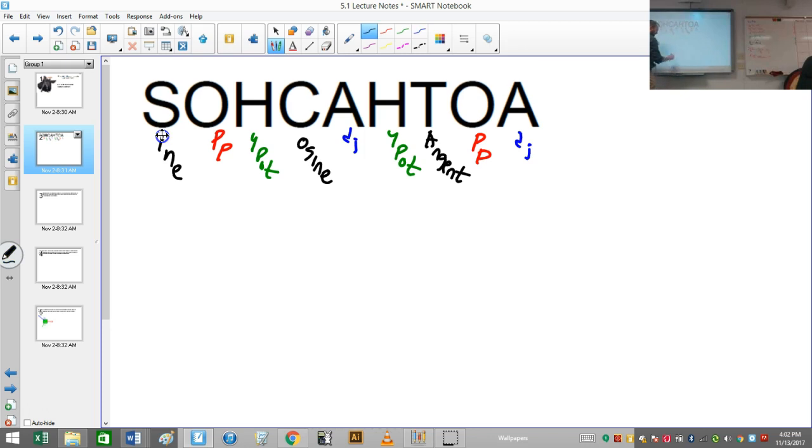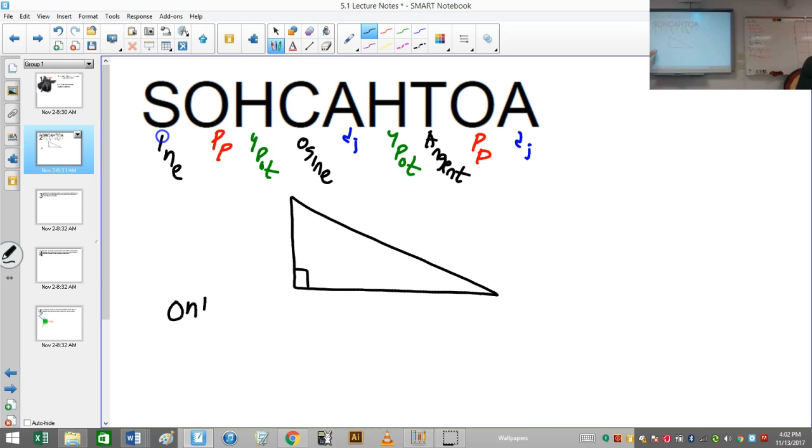So when you've got a right triangle, and this only works, my friends, in right triangles, if you've got an angle here, the opposite is going to be this one.